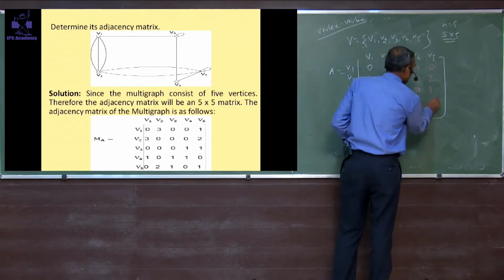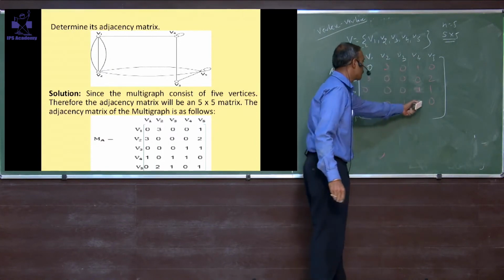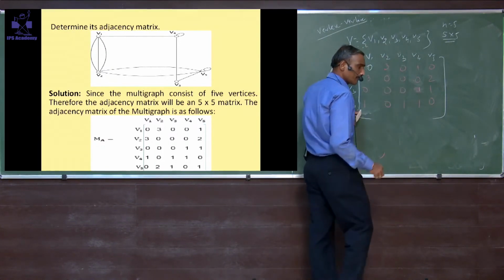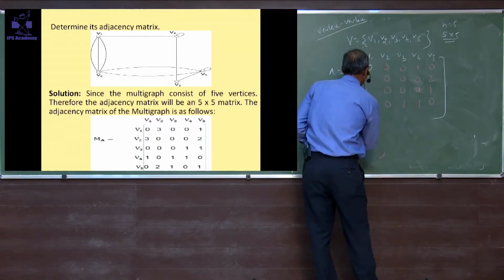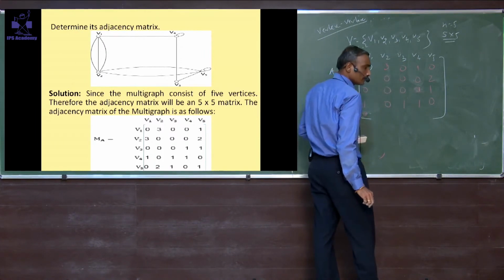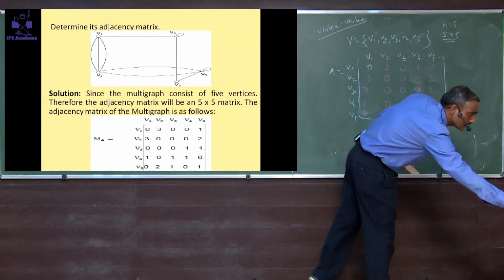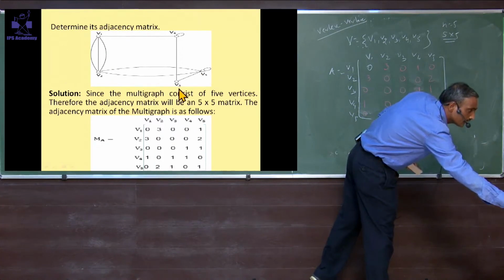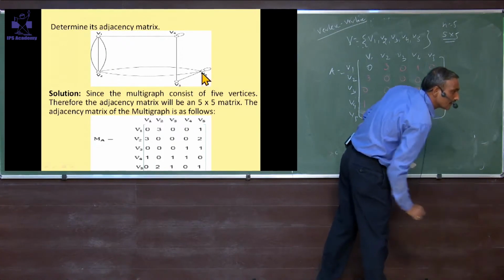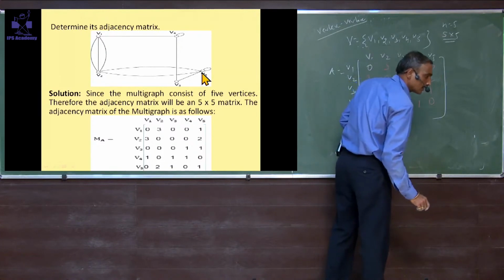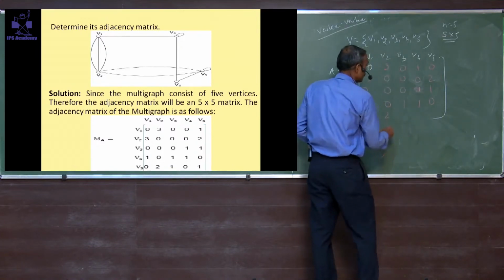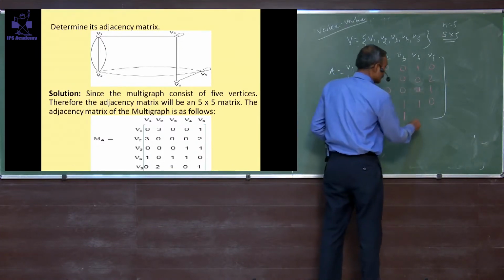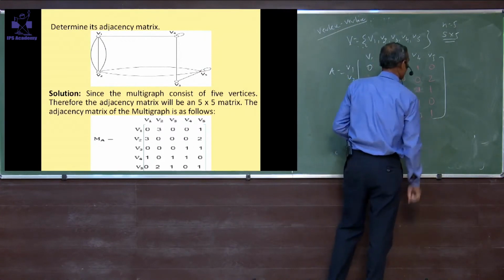And V4 to V5 not directly connected, so put 0. Now V5, there is no edge between V5 and V1, but V5 is connected to V3 and V2, so 2 and 1, and this is a self loop, so we put 1.